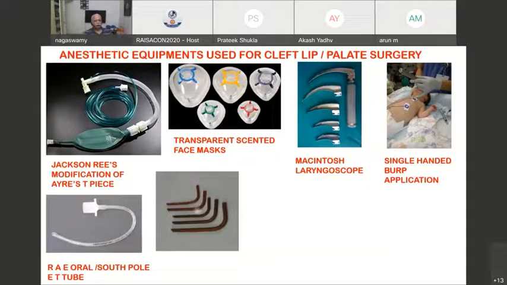What is this? I don't know how many of you would have seen this at all. This was the tube that we used as postgraduates for lip and palate surgery. This is called the Oxford ET tube, which is made of red rubber. Some hospitals may still be having this.